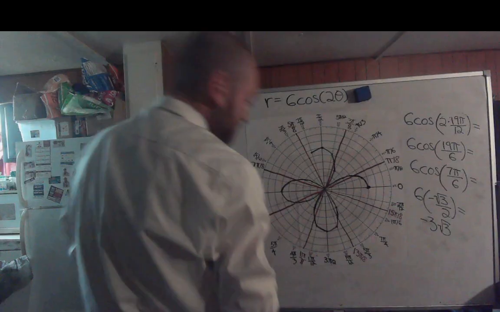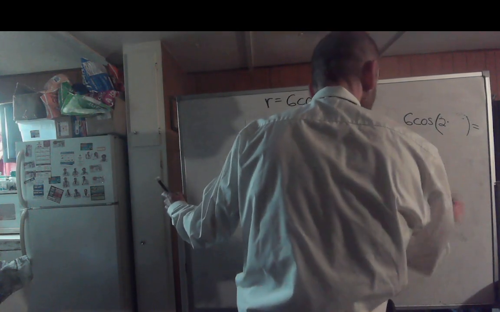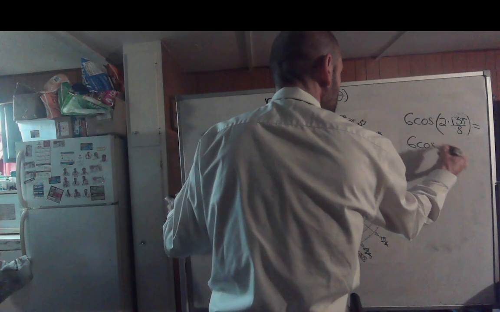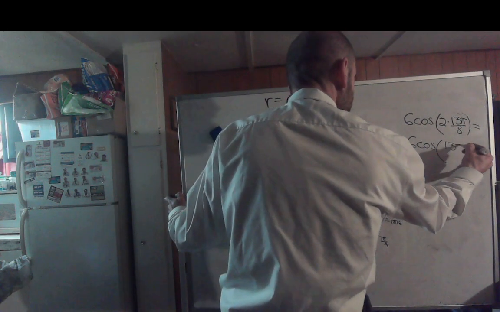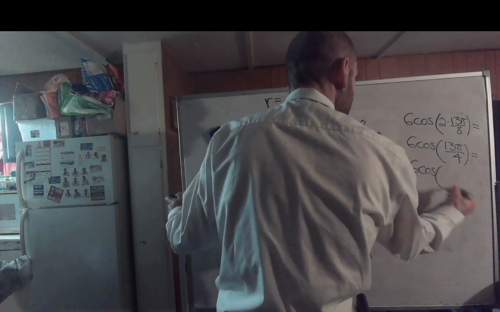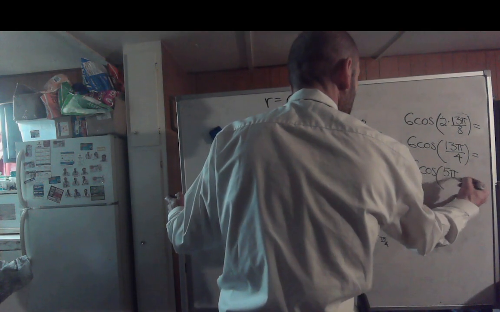And then let's next do 13 pi over 8. So we have 2 times 13 pi over 8. If you take that, you'll get 6 times the cosine of 13 pi over 4, which is the same thing as 6 times the cosine of 5 pi over 4, which would be a negative value.